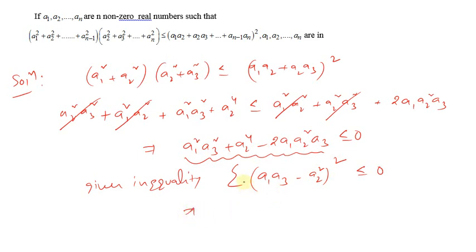Sigma indicates the sum of all the terms, and the sum of all the terms is less than or equal to 0. Since all are perfect squares, less than 0 is not possible. The only case is a1 a3 equals a2 square. So clearly a1, a2, a3 are in GP. Similarly you can continue with all the remaining terms, a1, a2, a3, and so on, an are in GP. GP is the final answer.